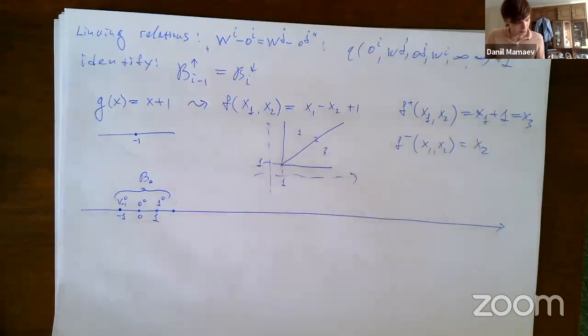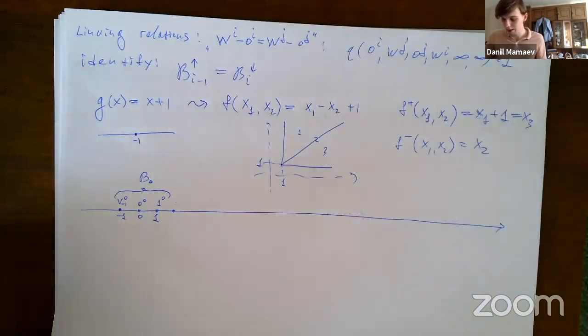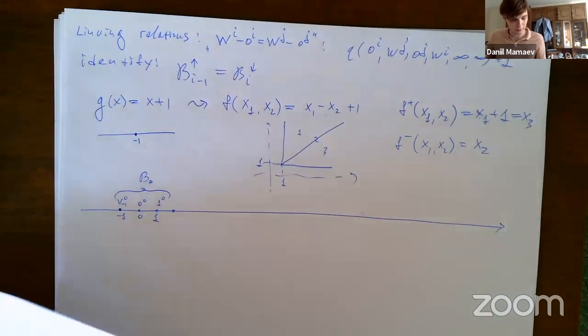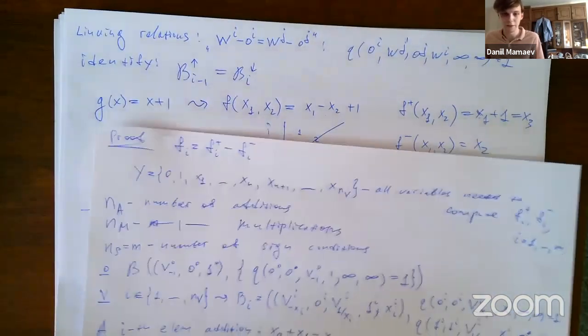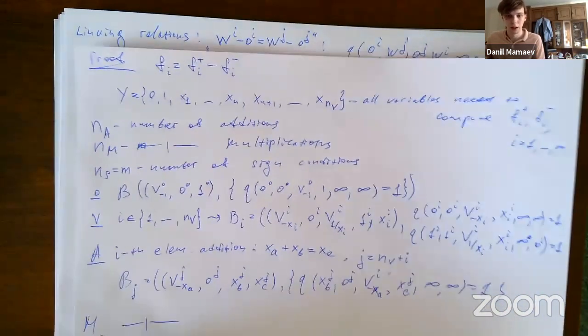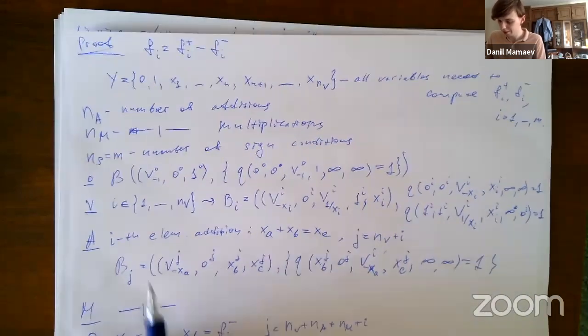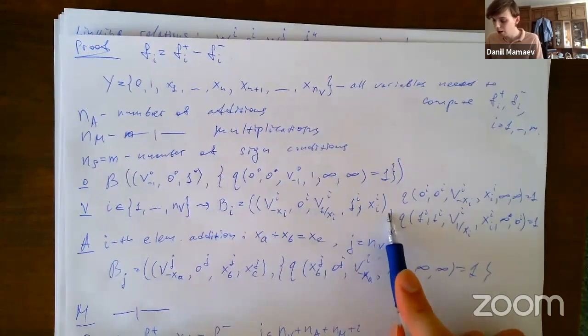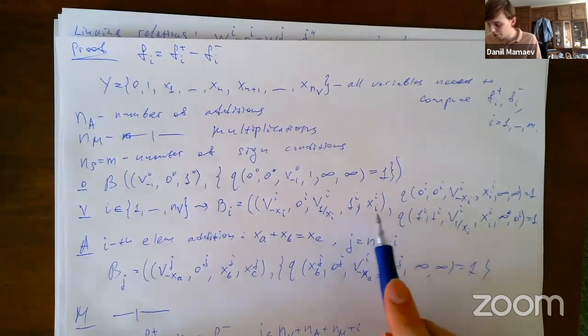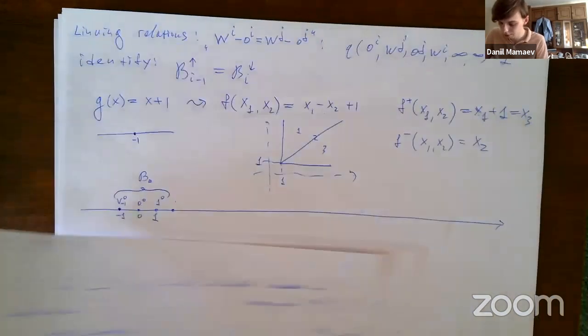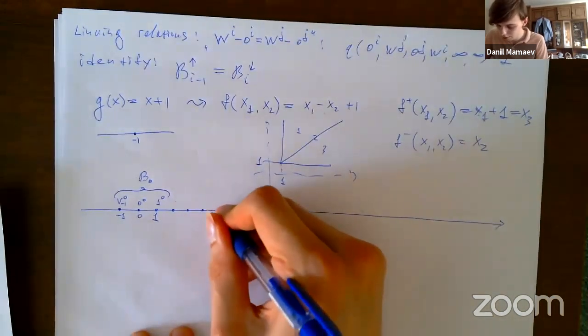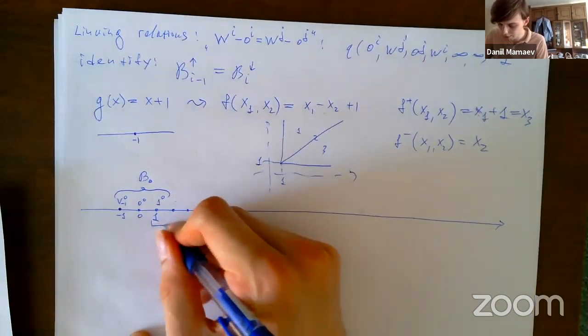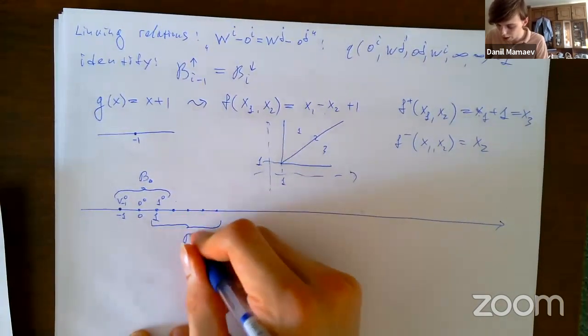This cluster determines a variable x1. So we need 1, 2, 3, 4, 5 points. This is a cluster B1.